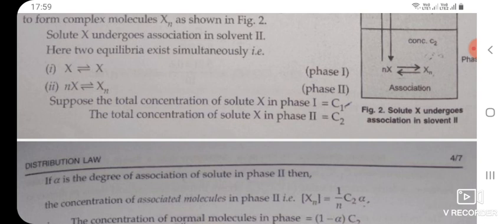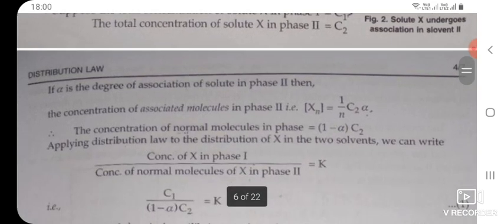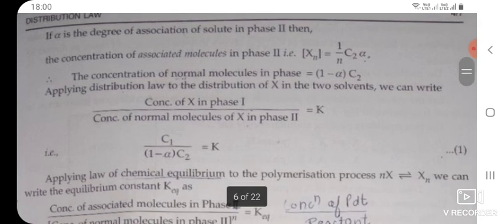Suppose the total concentration of solute X in phase 1 is C1, and the total concentration of solute X in phase 2 is C2. If alpha is the degree of association of solute in phase 2, then the concentration of associated molecules in phase 2, that is the concentration of Xn, is C2 alpha upon n. Therefore, the concentration of normal molecules in phase 2 is (1 minus alpha) into C2.